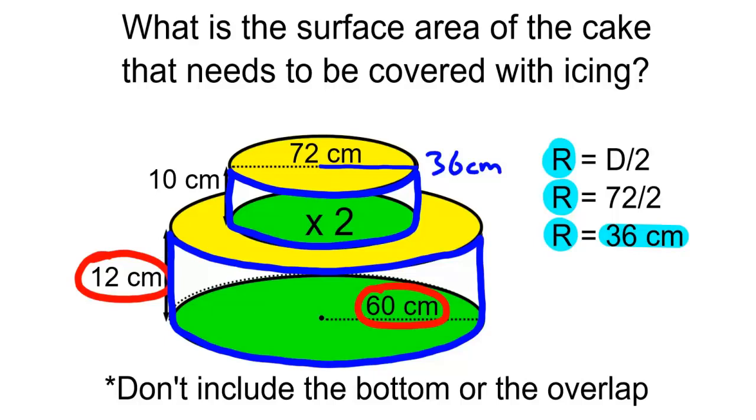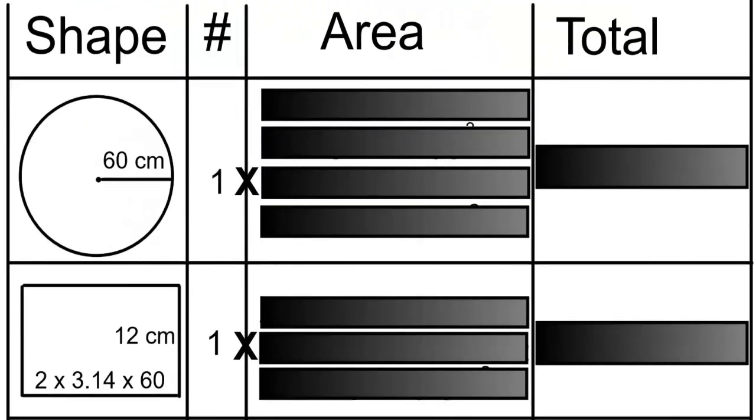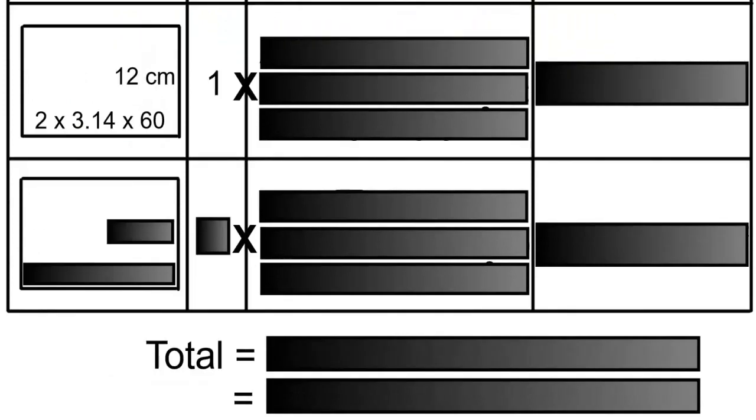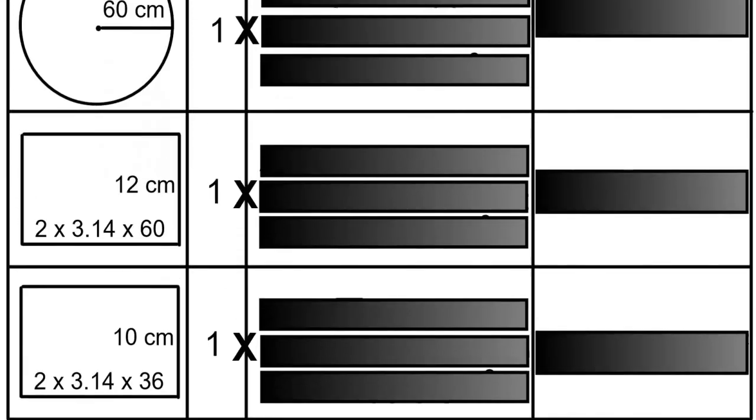And the radius will be 36 centimeters. We'll draw our last picture. Again, the height will be 10 centimeters, and the base will be 2 times 3.14 times the radius of 36.